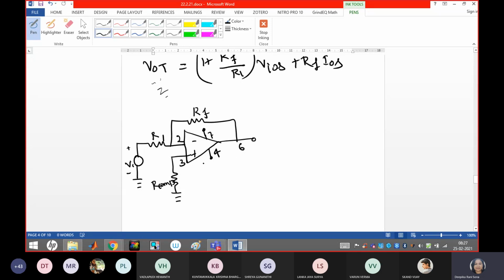Remaining two pins are 1 and 5, right? Suppose this is 1 and this is 5. So what we will do, guys, here we have to use a potentiometer across this to balance the effect of this total output offset voltage. This is called offset null pin configuration.